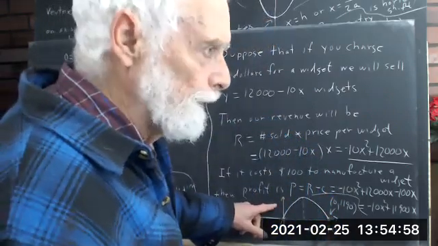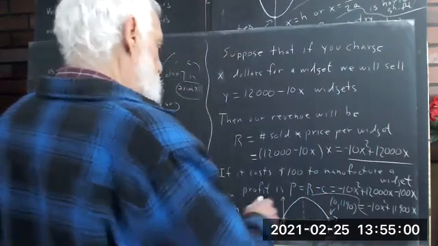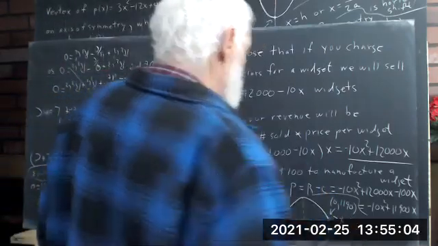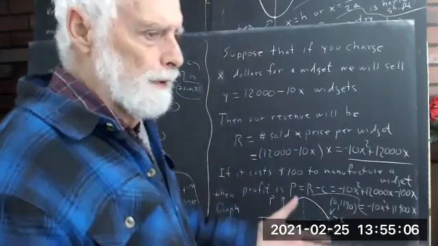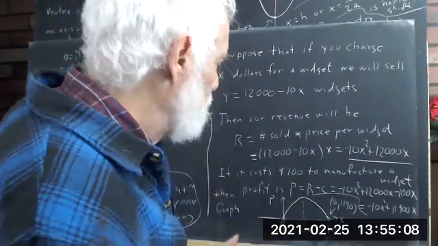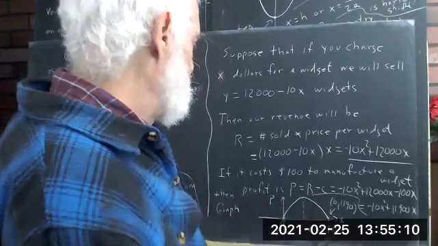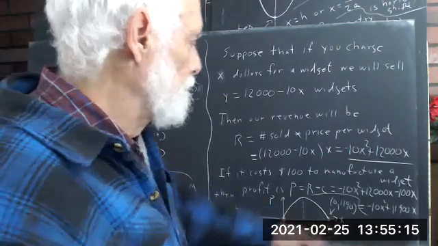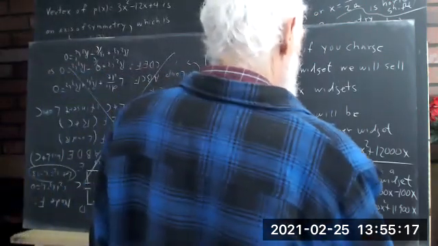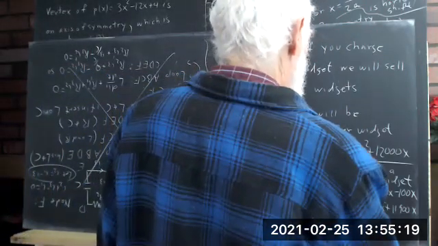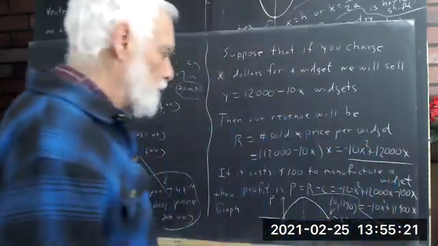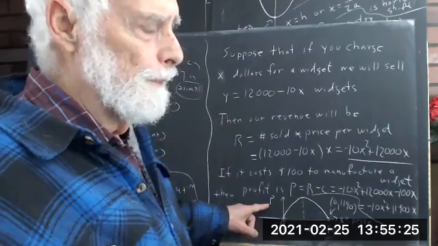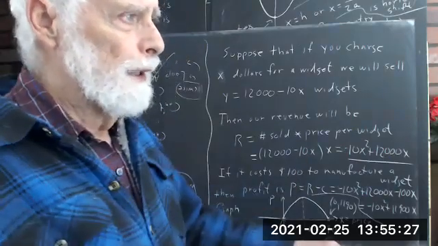And this represents profit versus the number you produce, or versus the cost, I'm sorry. Because X is the price for a widget. What's our profit? Well, we want to maximize the profit.